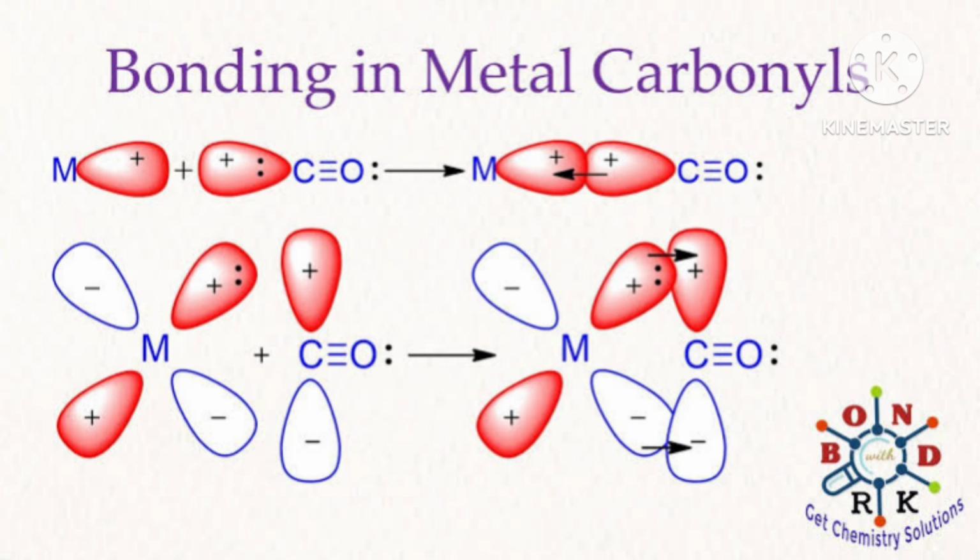Okay, means it is a bridge. Each manganese is joined to the other, and from each manganese 5 carbonyls are joined. Okay, 2 upside, 3 down. Same way with the second manganese also, 3 upside, 2 down.